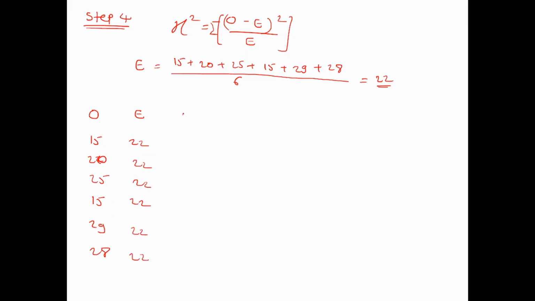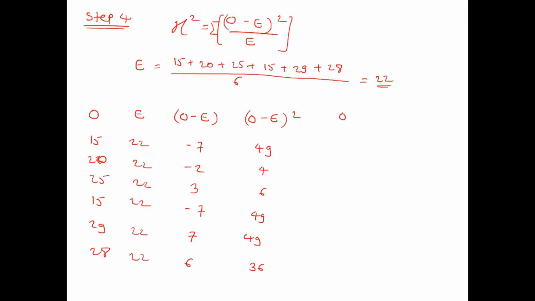Then the next one is O minus E. So 15 minus 22 is minus 7. 20 minus 22 is minus 2. This is 3. This is minus 7, 7 and 6. Then O minus E bracket square. So this is 49, 4, 9, 49, 49 and 36.